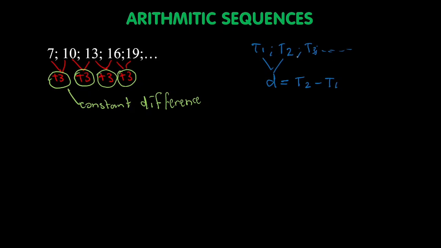And notice something here. The very same constant difference D is also found by saying term 3 minus term 2.